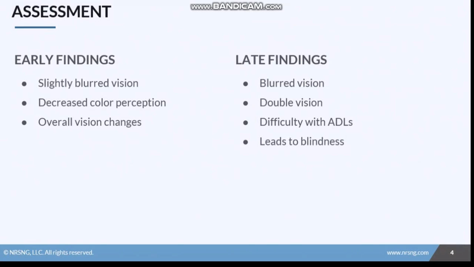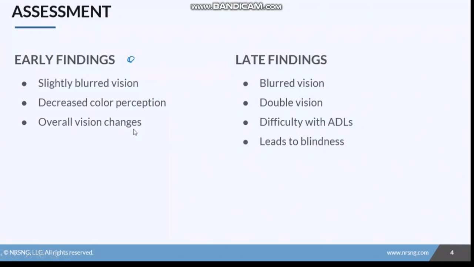Okay, let's go ahead and look at assessment findings and compare and contrast the early versus late assessment findings. Initially, patients can report slightly blurred vision and decreased color perception. In the early stages, patients may not even notice that something's wrong. They could just think that their glasses are smudged. These changes can be so slight that they go unnoticed.